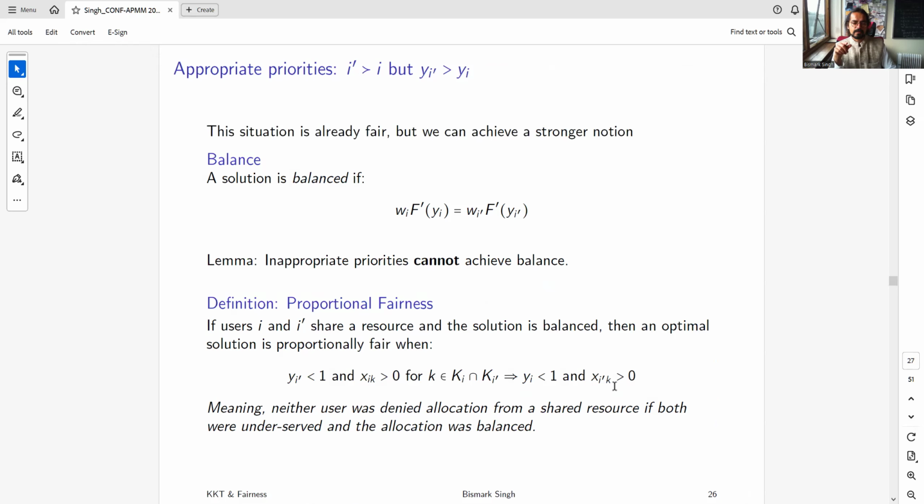So this means that neither user was denied any allocation. So both users were given a positive amount of resources, but both users did manage to remain under the level of being served, and that the solution was balanced as well. So this is again quite a strong notion of fairness, and here you are left with no room for complaints by either of the users.